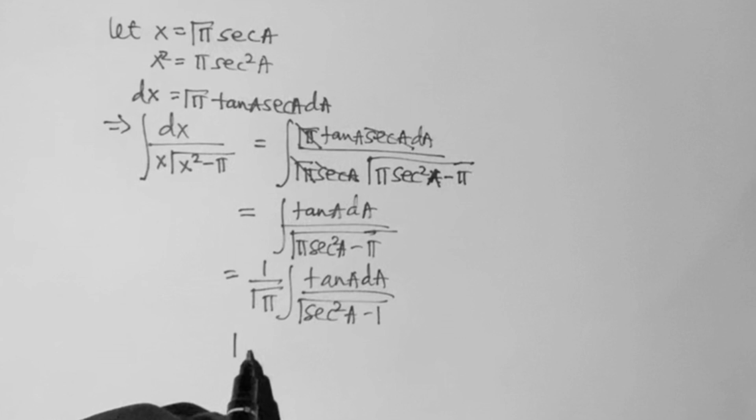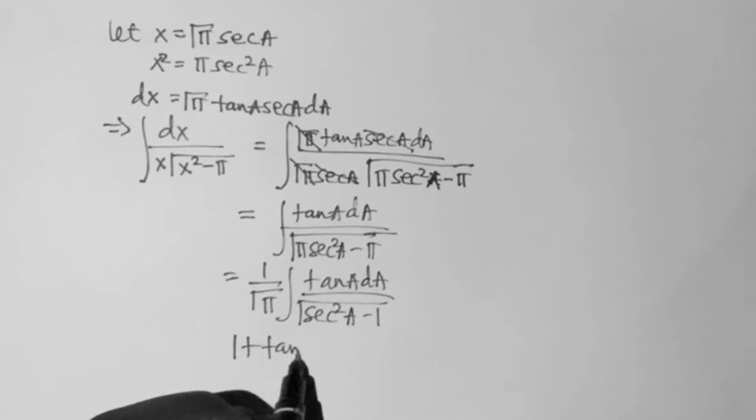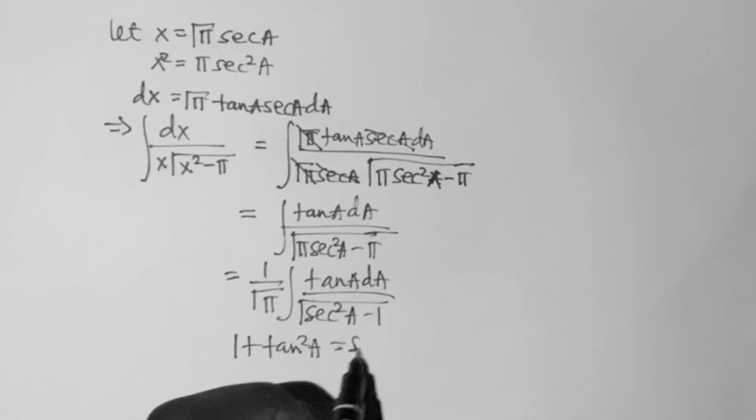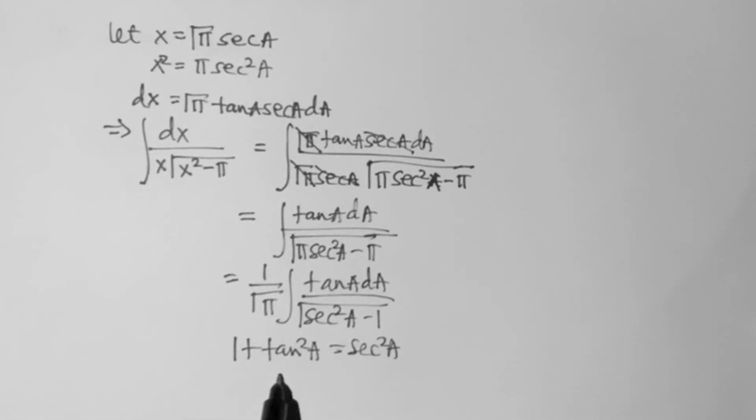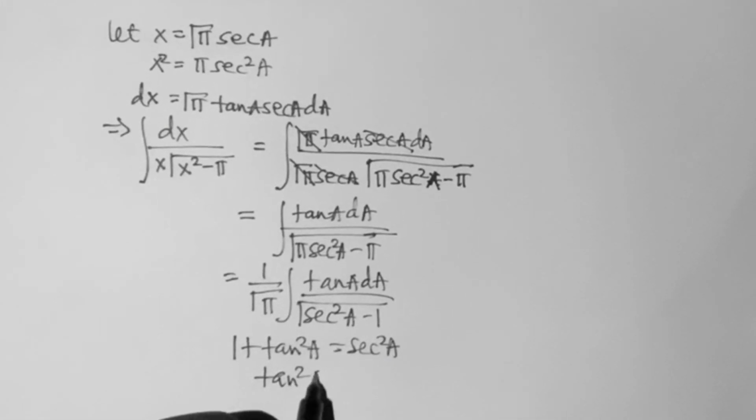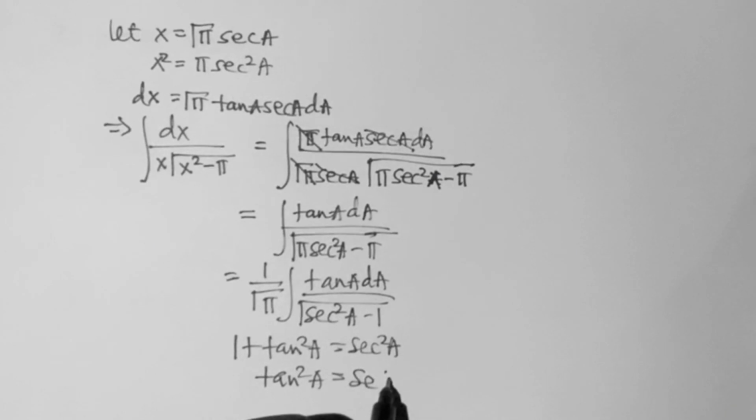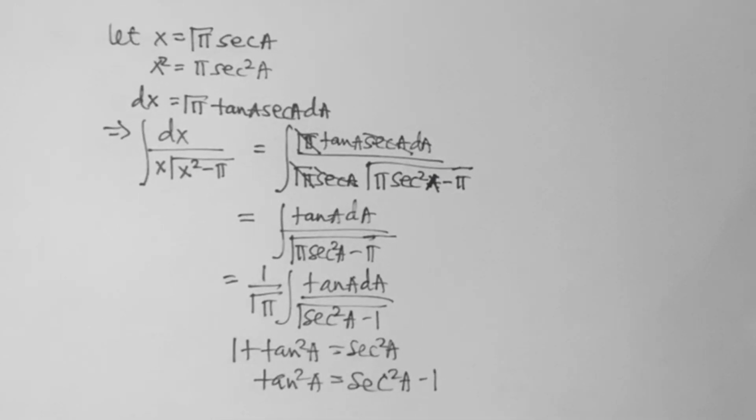Now from trig identities, 1 plus tan squared a is equal to sec squared a. So tan squared a is equal to sec squared a minus 1.